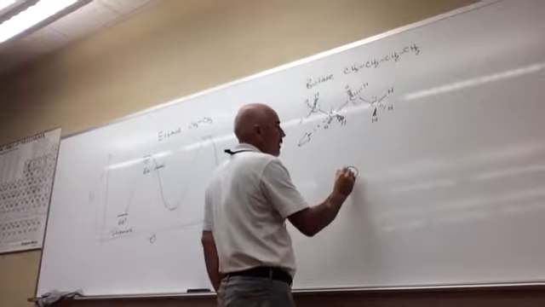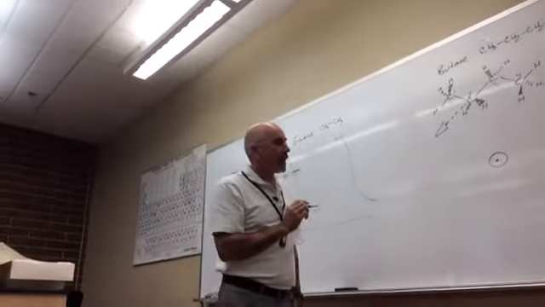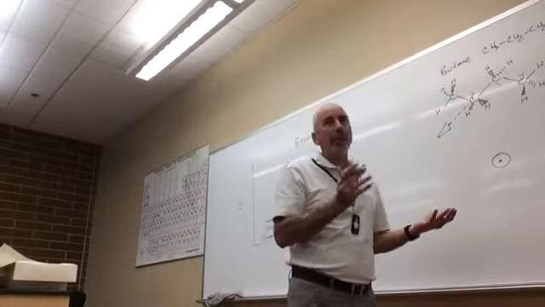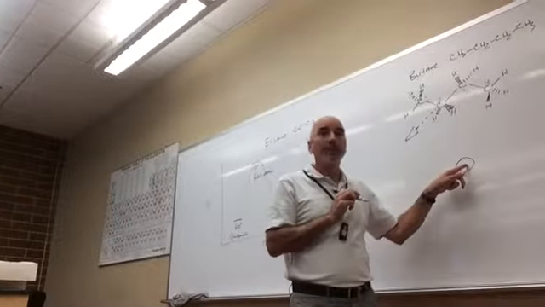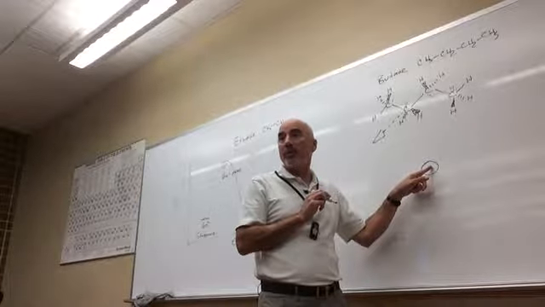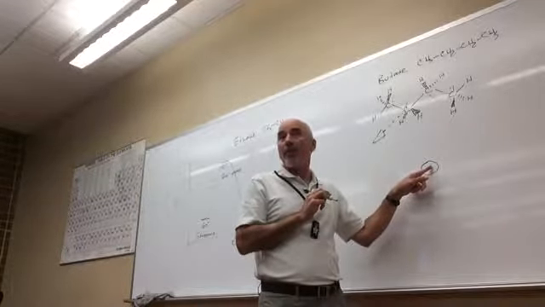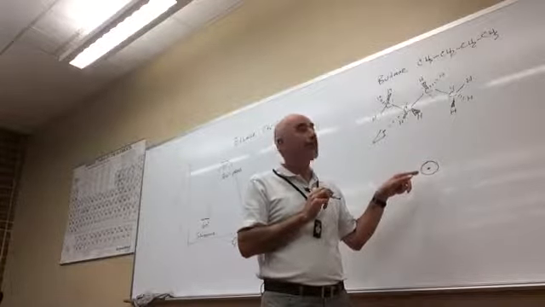So I'm going to draw it like this. I'm going to say, it doesn't matter which way you do this, but I'm going to say that the front carbon is this dot. So this is carbon number 2, is the dot. And the carbon number 3, the back carbon, is this circle. Okay?